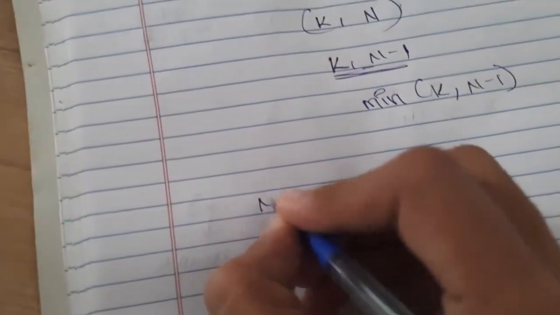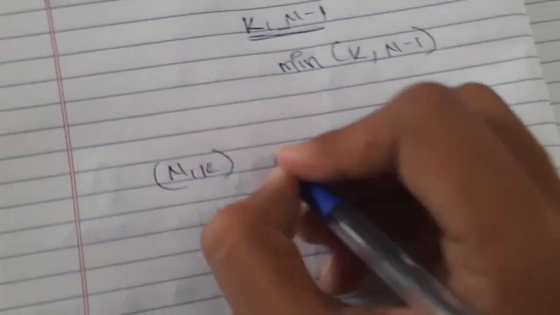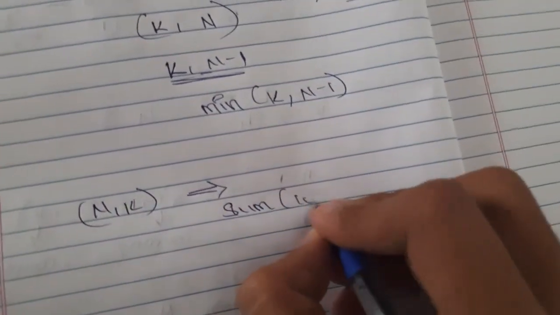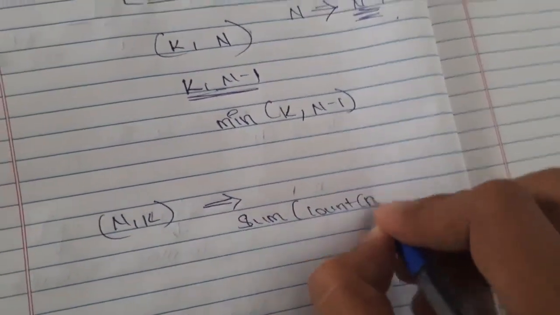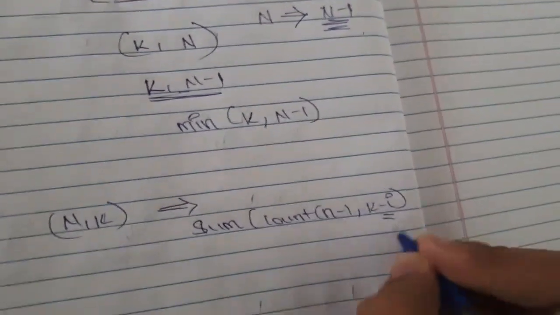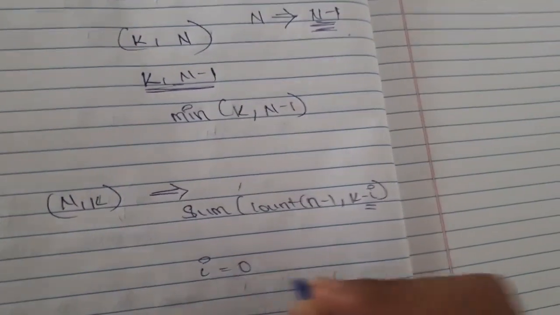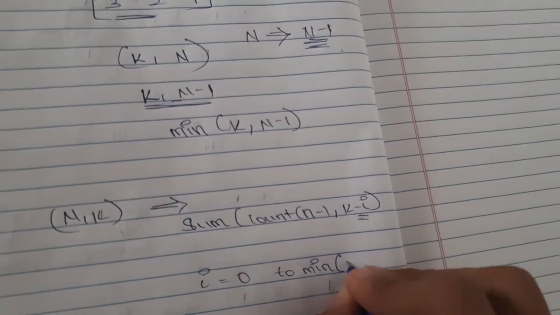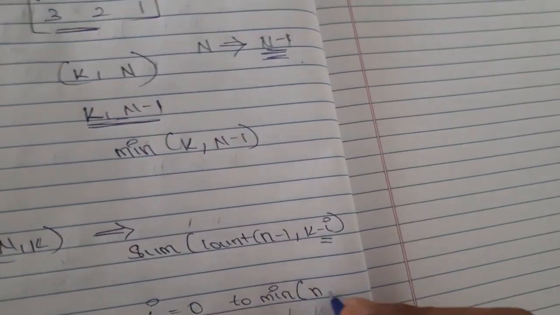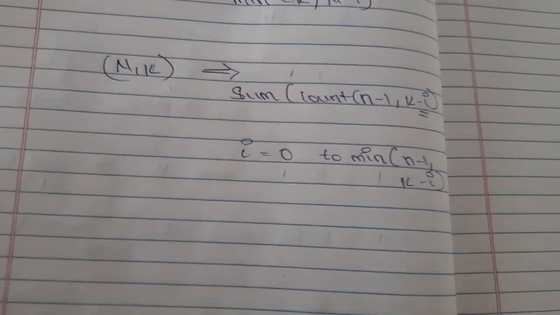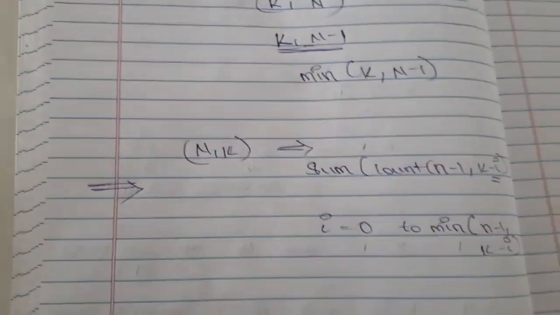So for n to k, we will be summing the count of n minus 1 to k minus i, where i ranges from 0 to the minimum of n minus 1 and k. So this is the logic.